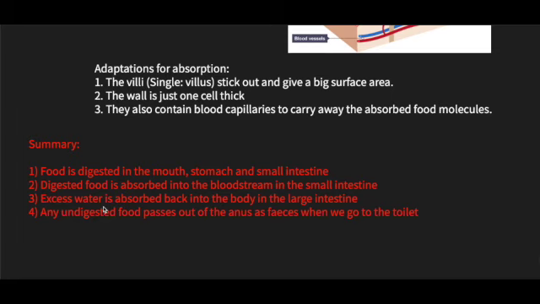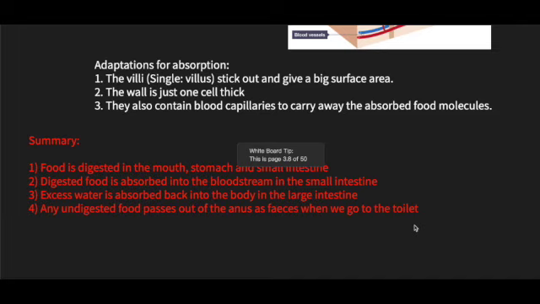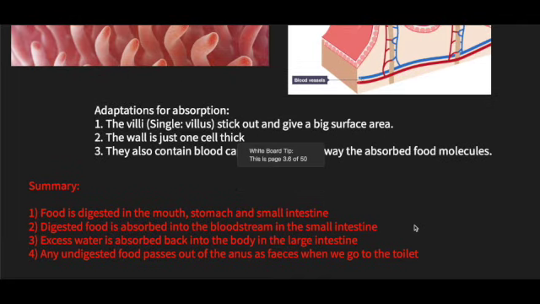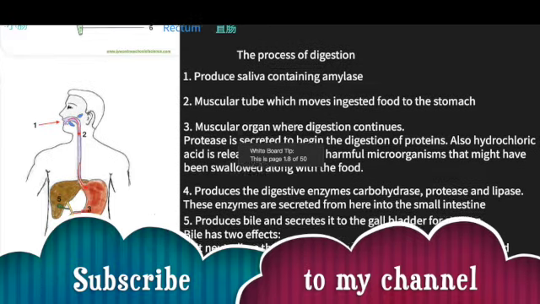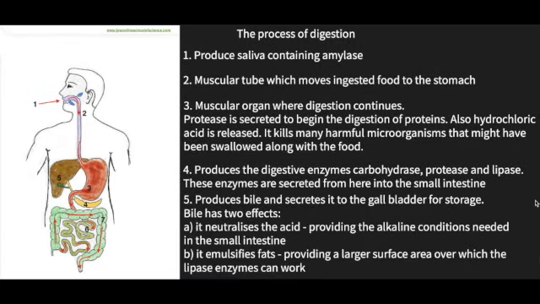Now, excess water is absorbed back into the blood vessels in the large intestine, and any undigested food will pass out of the anus as feces when we go to the toilet. So that is the journey the food travels, and that is how the food is digested.